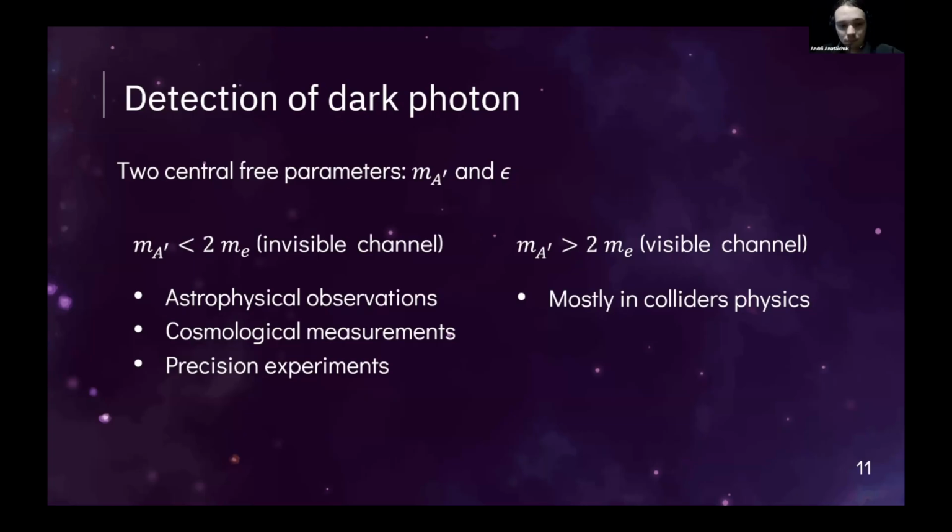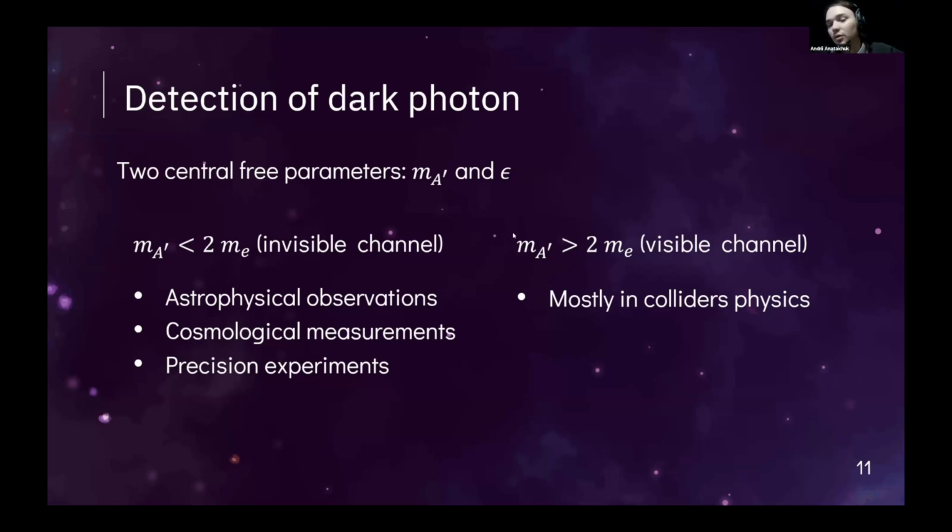But if the mass is lower than the mass of two electrons, it's basically not possible to observe with current detection methods. I mean, we don't consider neutrinos or something. So in this case, people usually study these models with astrophysical observations, cosmological measurements, and so on.